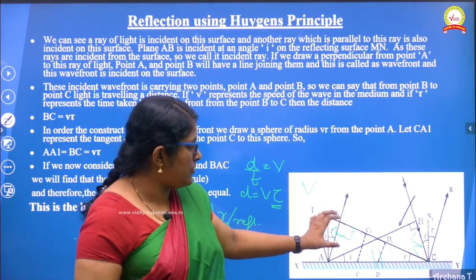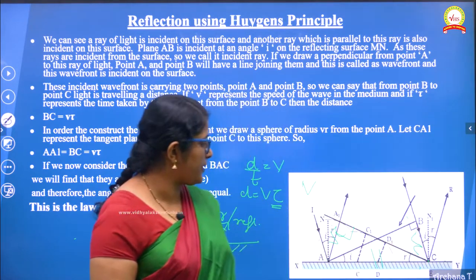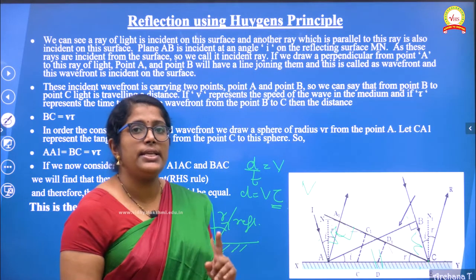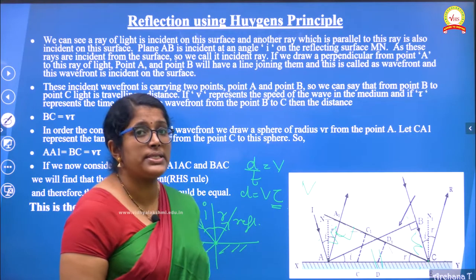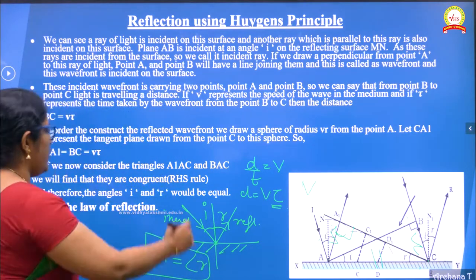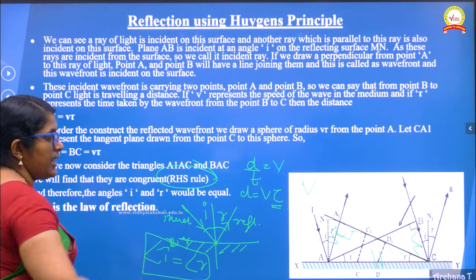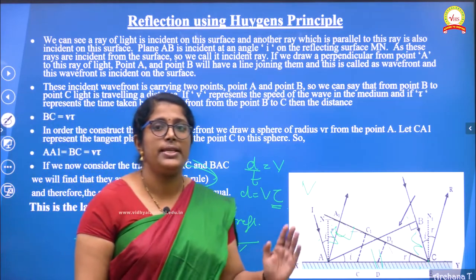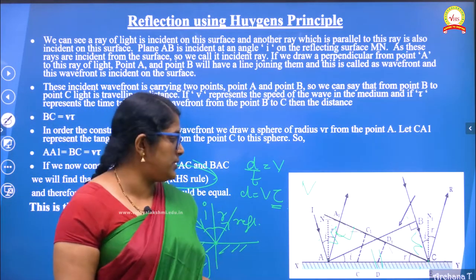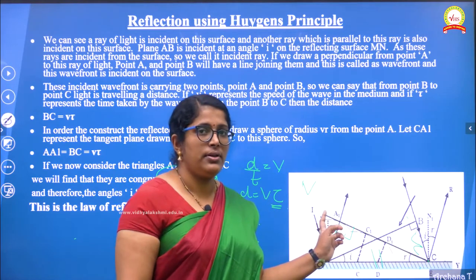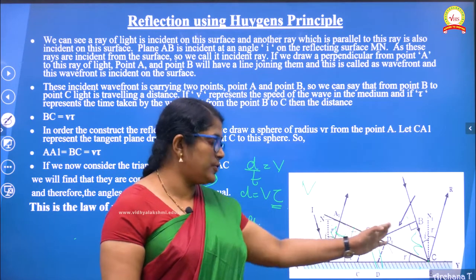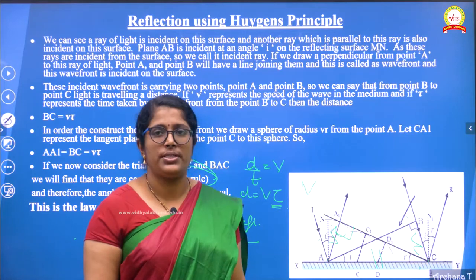So this is also V2. So what is happening is it is obeying the congruency RHS. According to the RHS rule, these two triangles are congruent, because for a right angle, if one side is common and the other side is also equal, they are congruent.